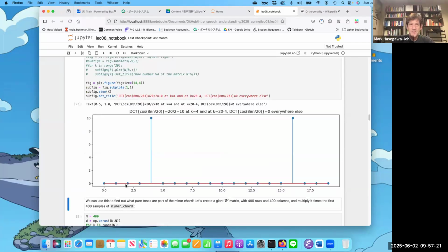So 0, 1, 2, 3, and sample number 4 is high, right? And this is exactly that orthogonality principle. When I take the average of a frequency 1 cosine multiplied by a frequency 4 cosine, I get nothing. But when I multiply a frequency 4 cosine times another frequency 4 cosine, I get 10, an average value of a half.